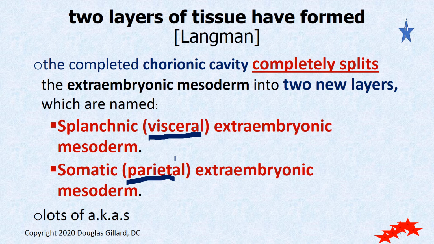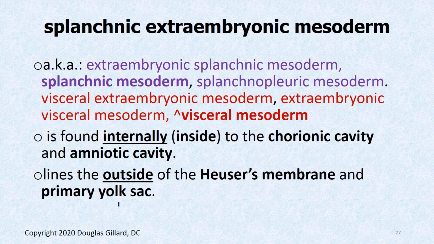They all have 2 layers, and this is where these 2 layers come from. There's a parietal layer and a visceral layer. Some authors like to say visceral mesoderm, or extraembryonic visceral mesoderm. I like that idea, but the board books don't tend to say that. They tend to call it splanchnic extraembryonic mesoderm and somatic extraembryonic mesoderm. And there's a lot of AKAs, so there's all the different AKAs.